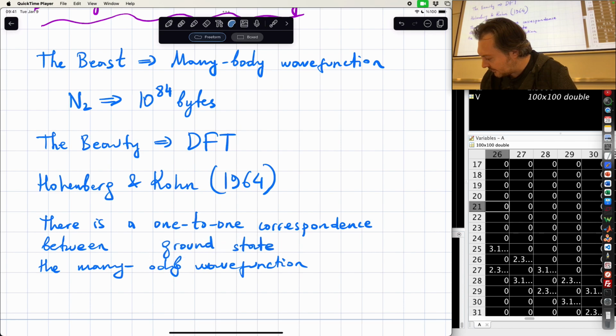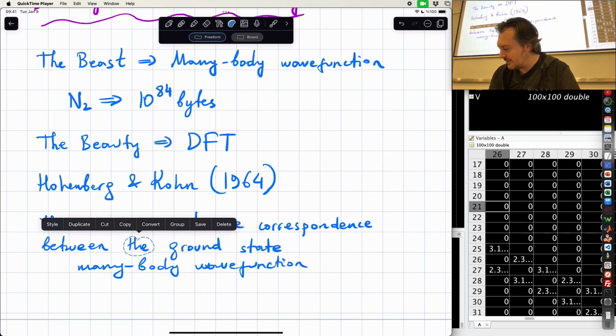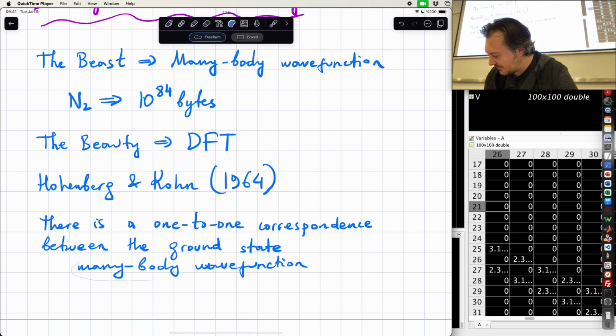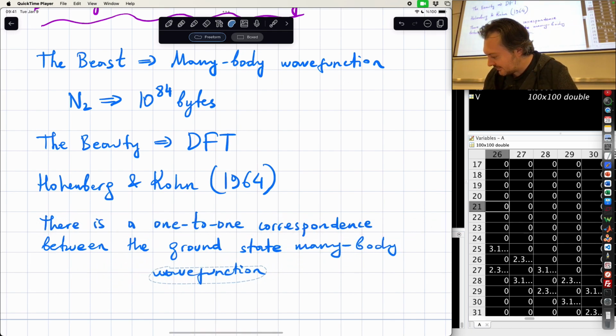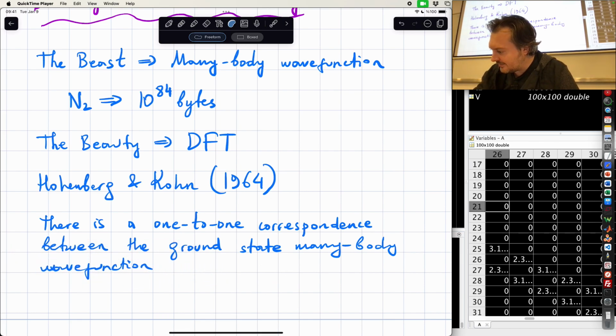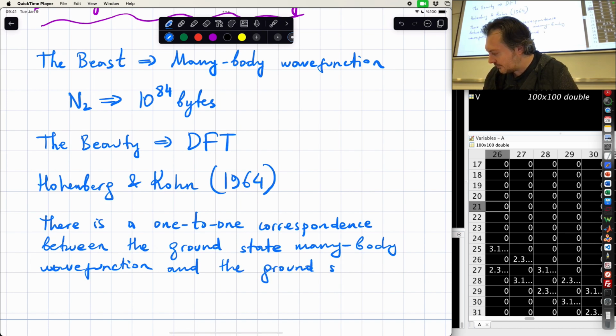So this should go here. The ground state many-body wave function. Maybe this can go also there. Okay. And the ground state electron density.